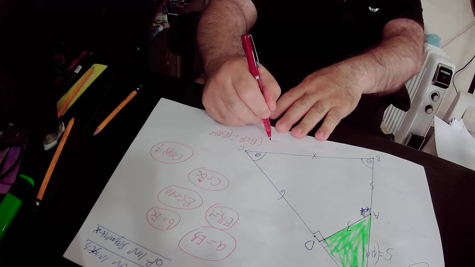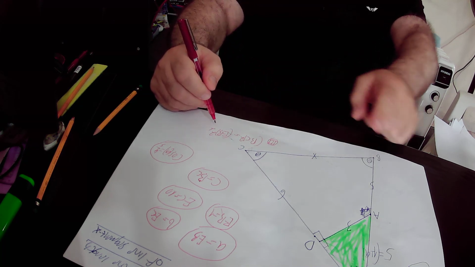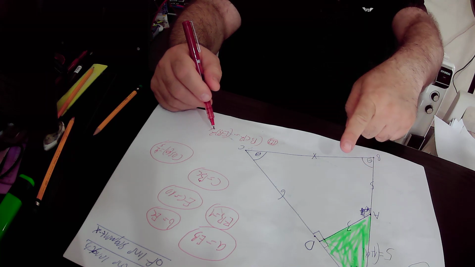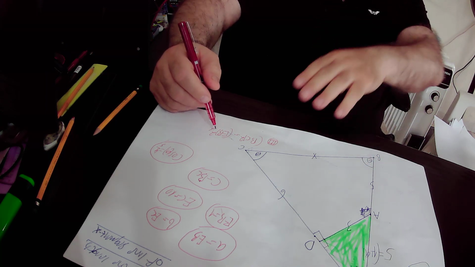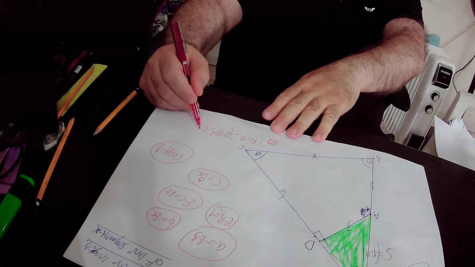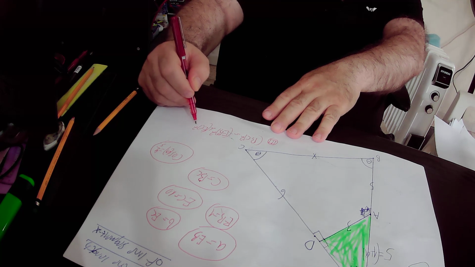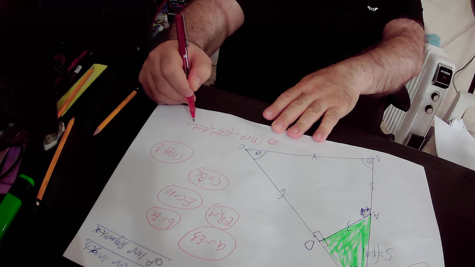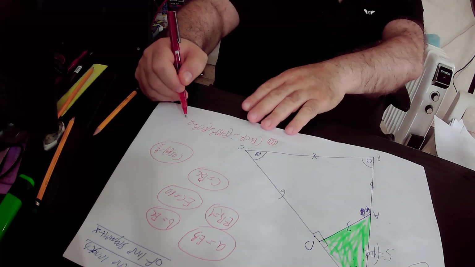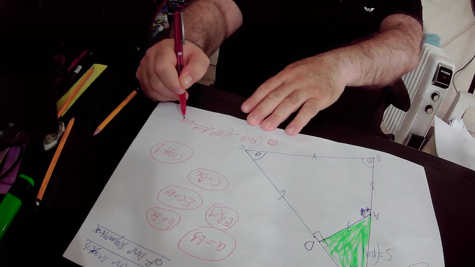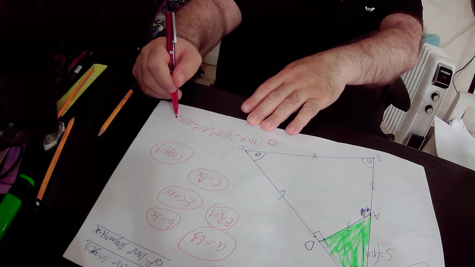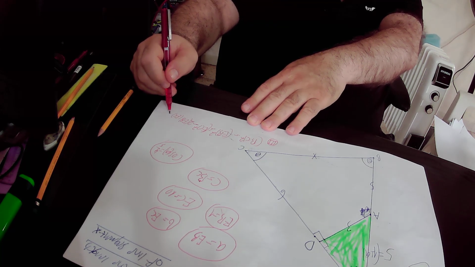This will be equation number 3, plus b squared. B equals EC, so b squared is EC squared, minus 2 times EB times EC times cosine alpha.